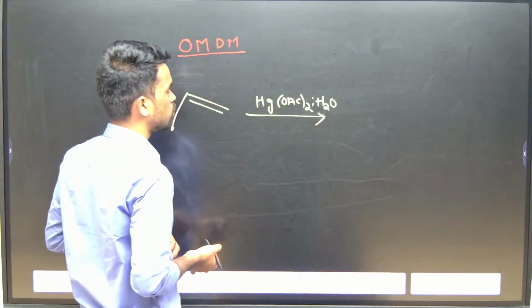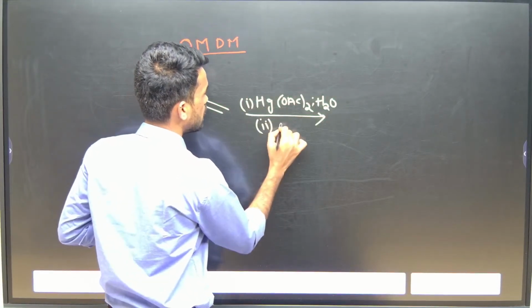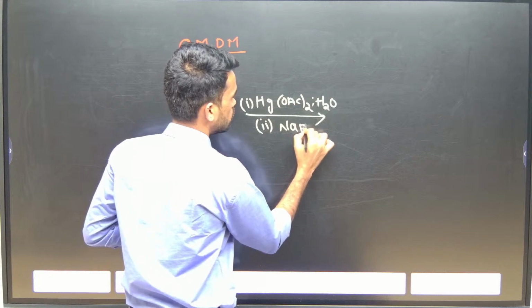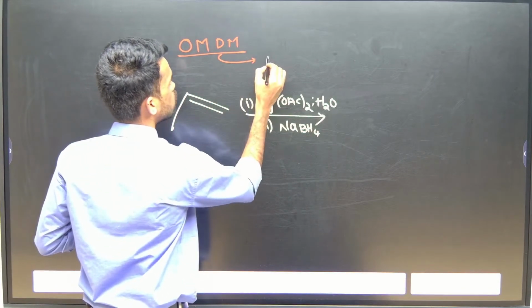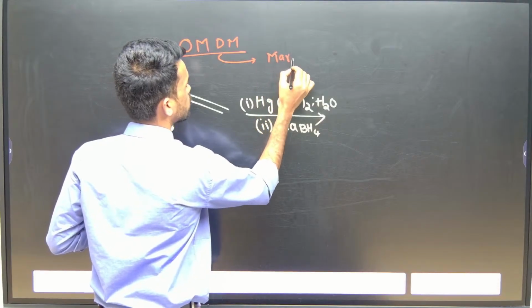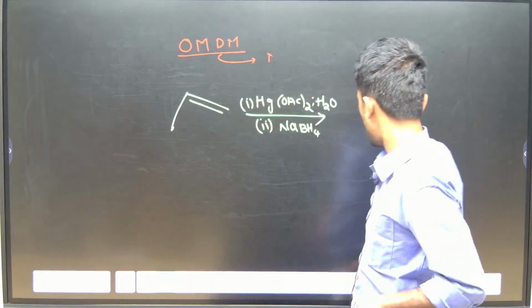What is the nucleophile here? Water is our nucleophile. This is the first step, and in the second step we will be using NaBH4. Here the OM-DM reaction follows a Markovnikov addition; the product formed is similar to the Markovnikov addition product.